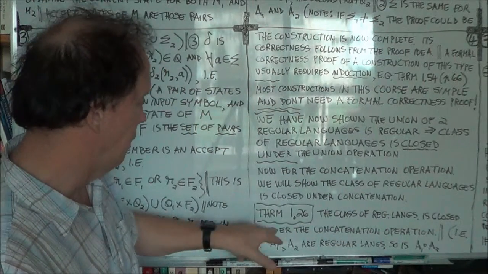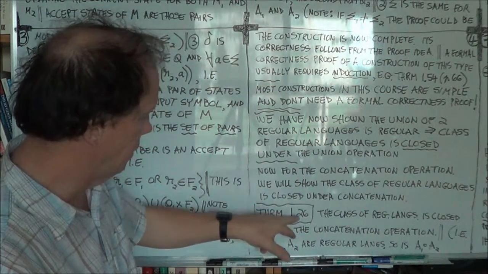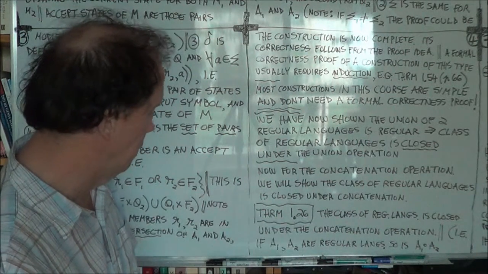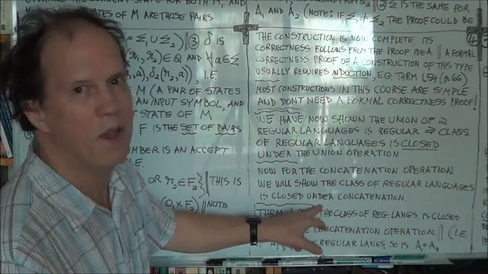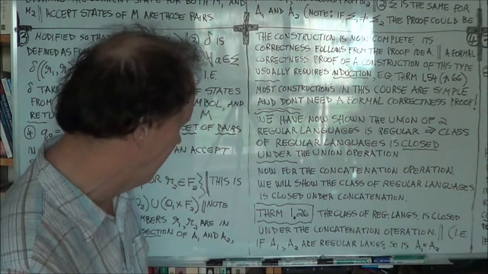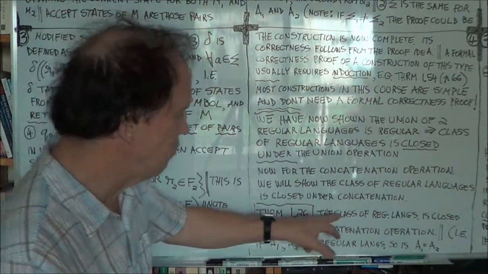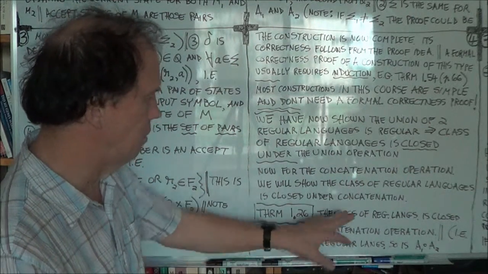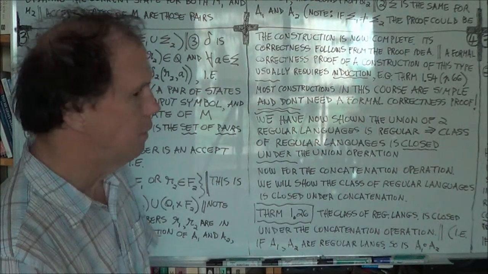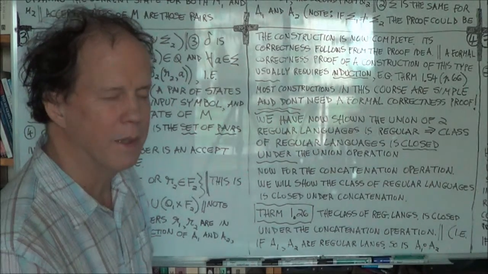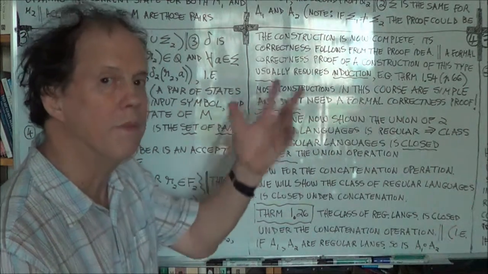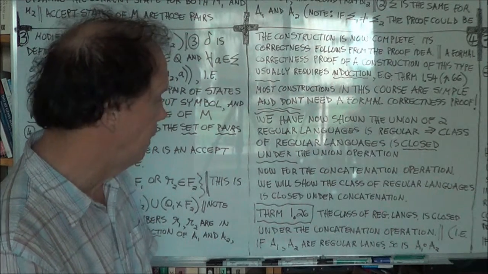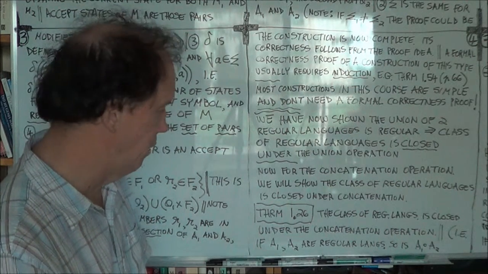Here's the beginning of the next theorem, 1.26 in your text. Perhaps I should have put a page number. Here's the theorem statement. And as usual, there's a proof idea, the overview of the strategy and the main ideas, followed by the detailed proof.